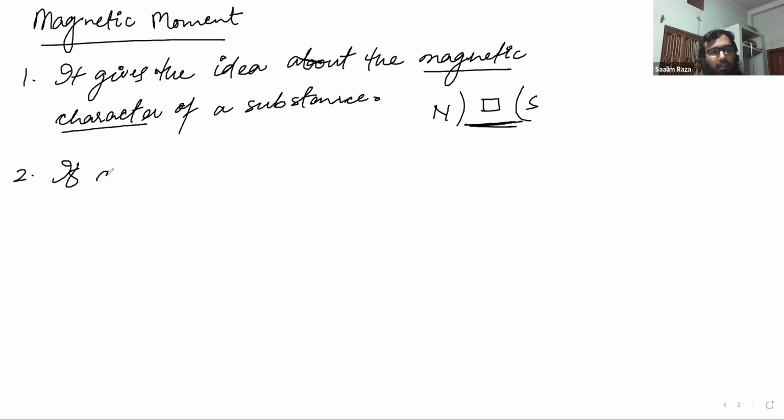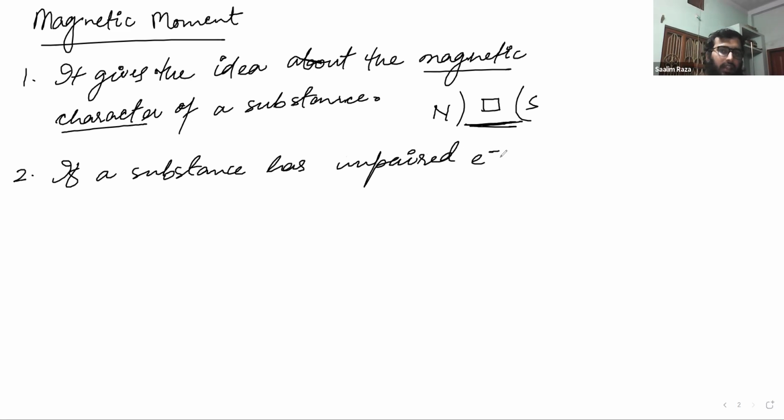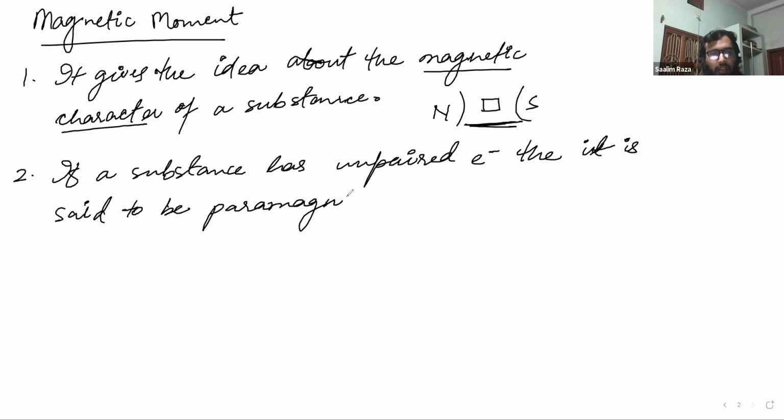If a substance has unpaired electrons, that is, an electron which has not been paired, then it is said to be paramagnetic.